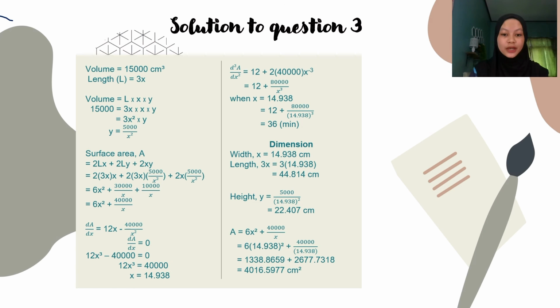And for its height, which is y, we take it here from the volume formula. So y equal to 5,000 over 14.938 squared. So we got 22.407 cm.